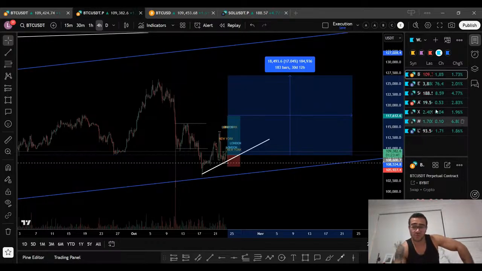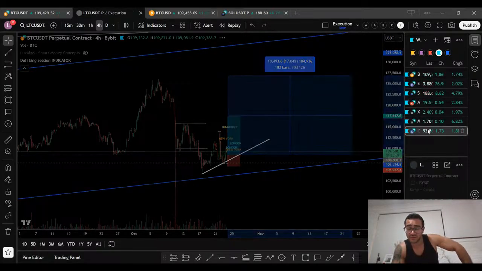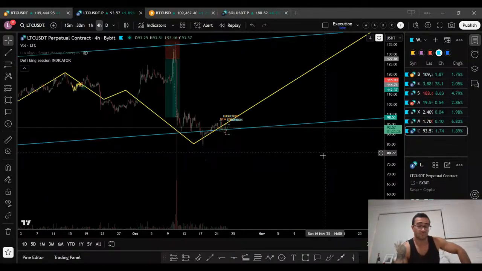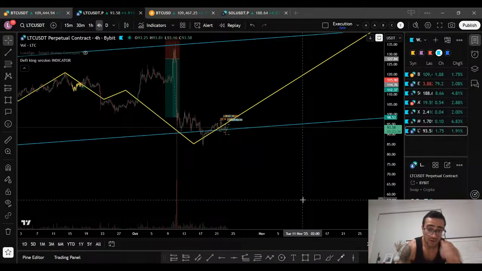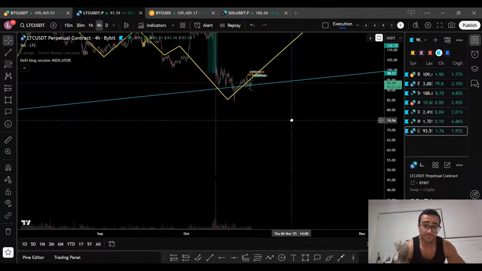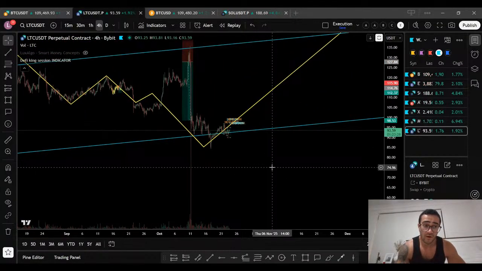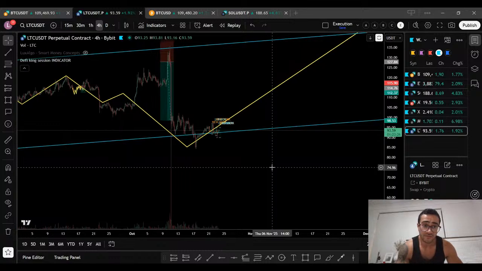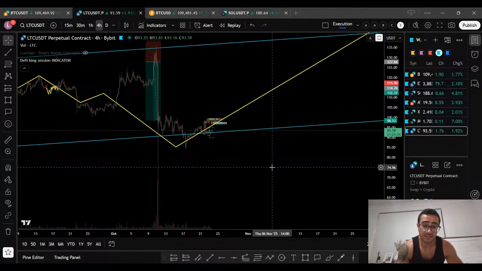I'm going to look at one more chart tonight. I'm just going to keep this stream nice and simple. All right. Well, as you can see on Litecoin, it is doing the exact same thing.